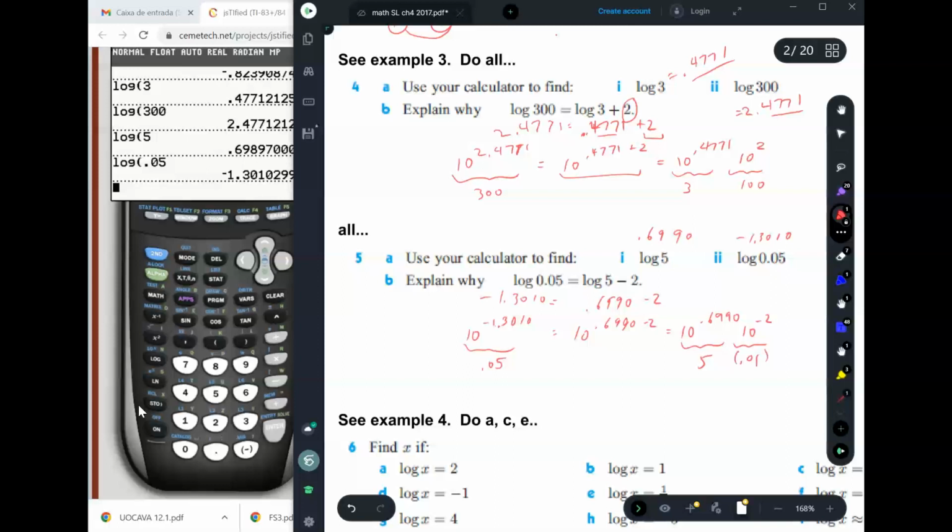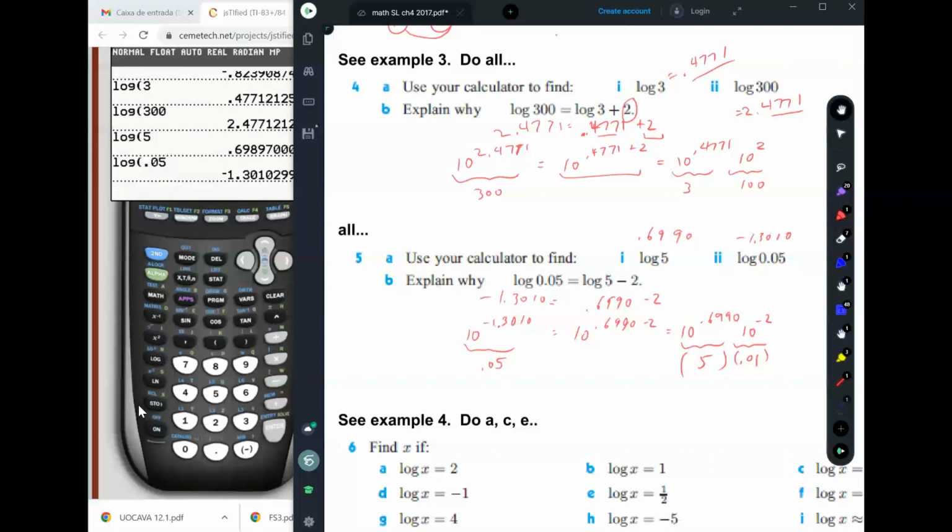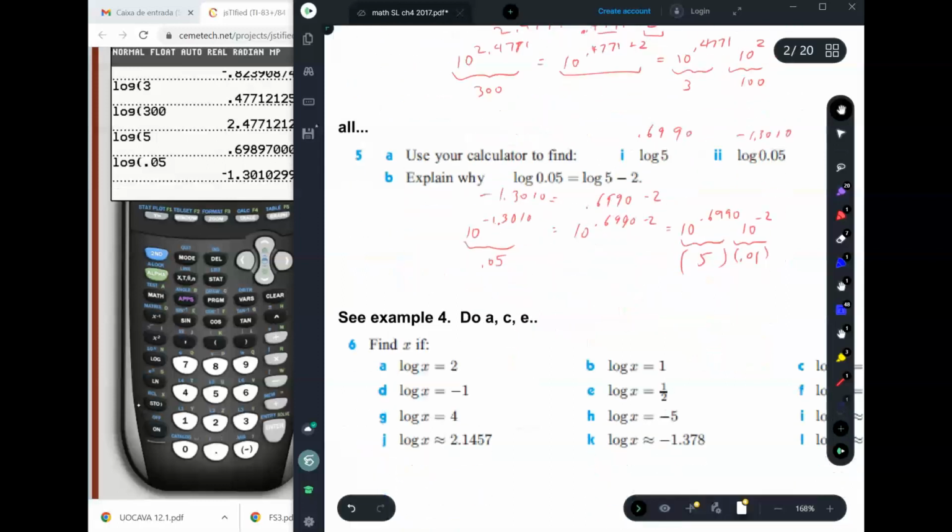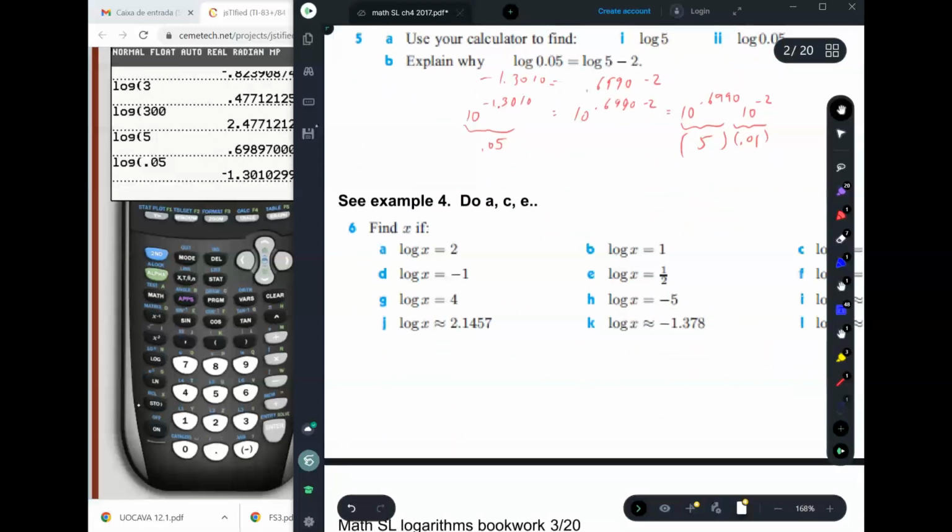So we can see that 0.05 is equal to 5 times 0.01. And in terms of log, we basically just subtract the exponents to give us the log of 0.05. Okay, so just like in the investigation, we saw that the multiplication operation with regular numbers is addition or subtraction in the log numbers.